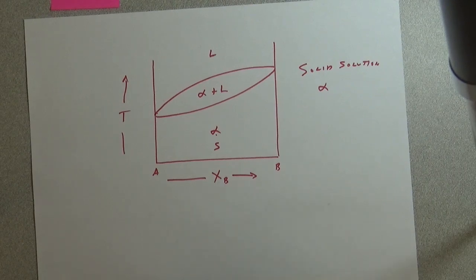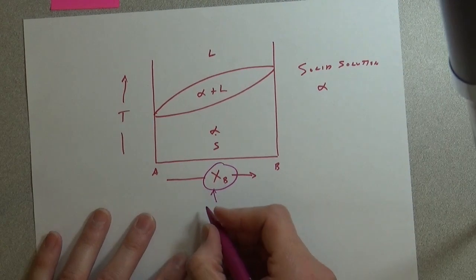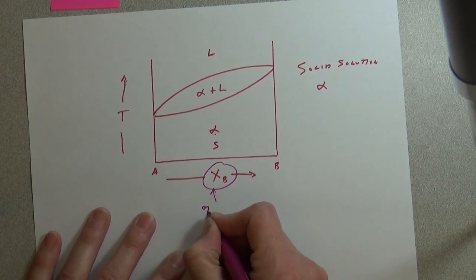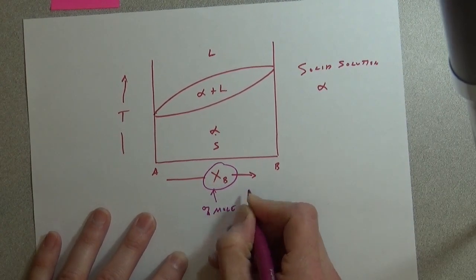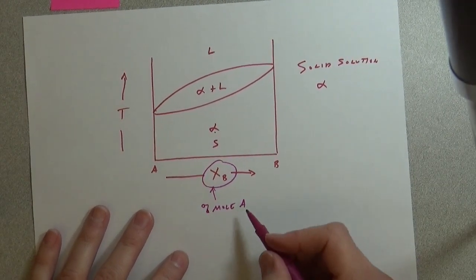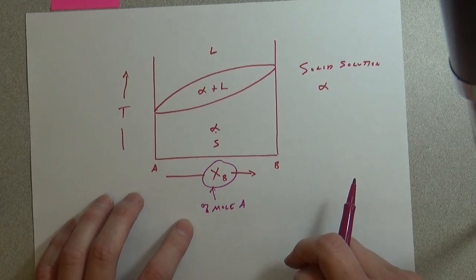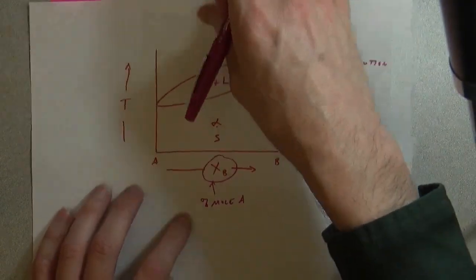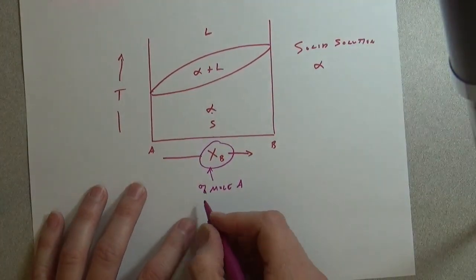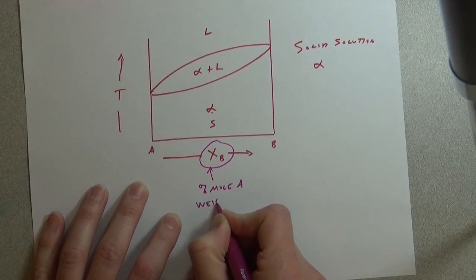Something else that's worth noting here is I did this as mole fraction, or percent of A. When you look up phase diagrams in books or in papers, it can be mole percent, or it can also be weight percent.